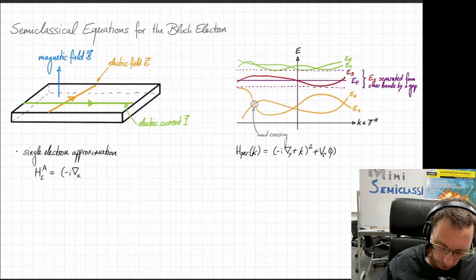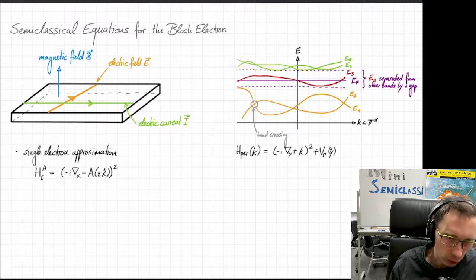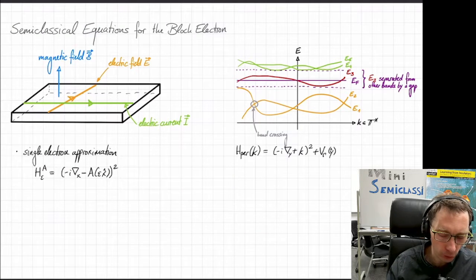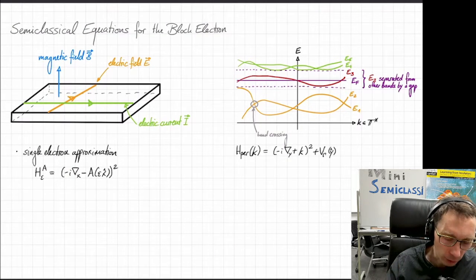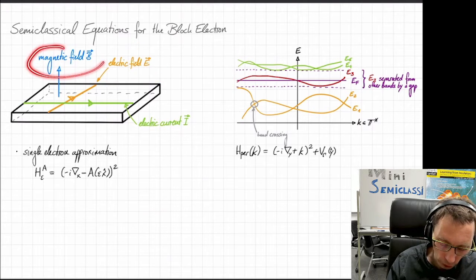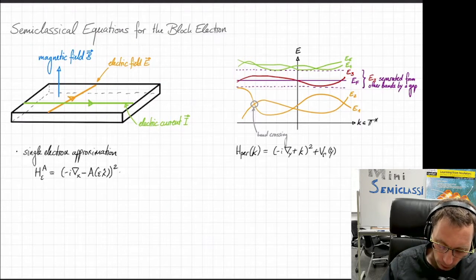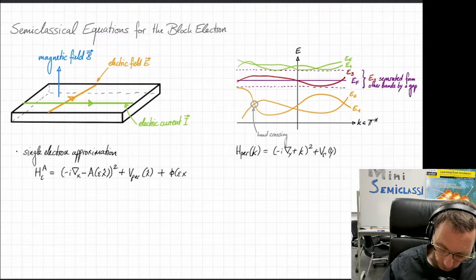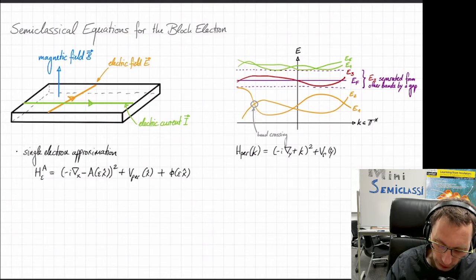We have minus Laplace minus A of epsilon x hat, where epsilon was the semi-classical parameter that compares the microscopic scale on which the periodic potential varies and the macroscopic scale on which the external electromagnetic field varies. Then you have a periodic potential, and then you have an external potential that generates the electric field.